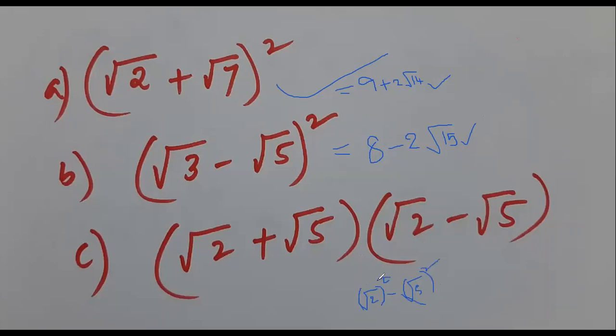So the square root cancels. Here also the square root cancels. You will get 2 minus 5, which is nothing but minus 3. So the answer is minus 3. Just show the thumb. How many members got it? Very good, Aditya. Very good.